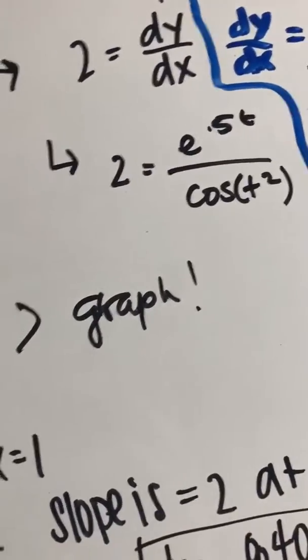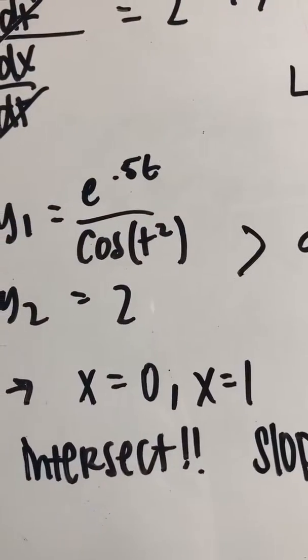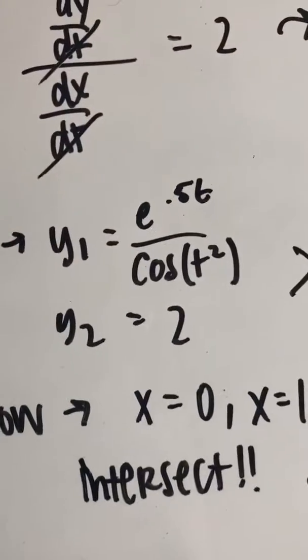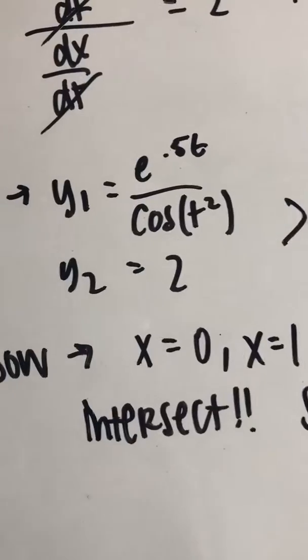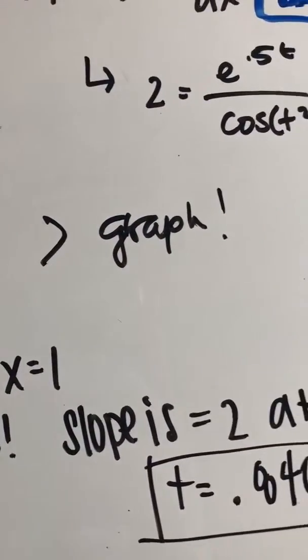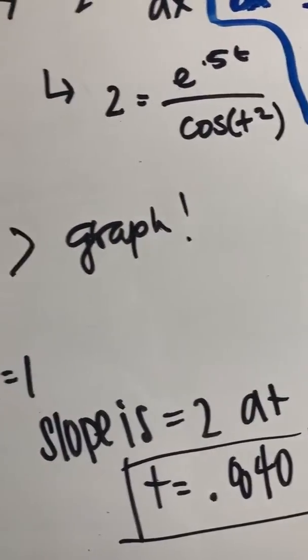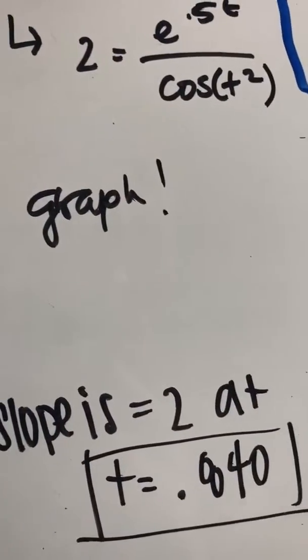Once you hit graph, you want to make sure your window is set to x equals 0 to x equals 1, and then you're going to find the intersection between those two things that you've graphed. You do your intersection, first curve, second curve, and then you know that your slope is equal to 2 at t equals 0.840 because that is where the two things you've put in your calculator intersect. So your answer is t equals 0.840.